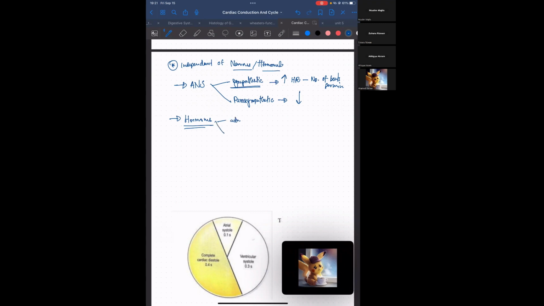Mostly what they do is they increase the metabolism. This will increase the heart rate because the heart has to pump more blood.